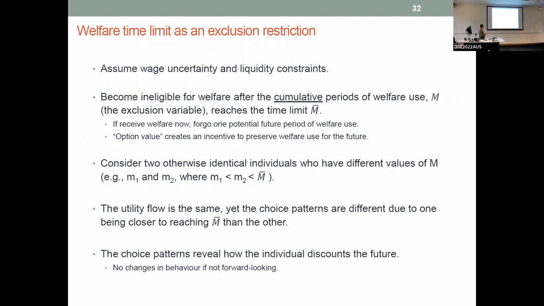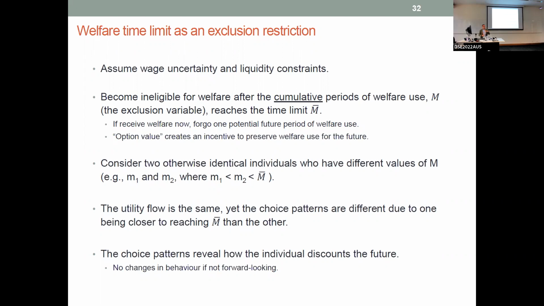To fix ideas, consider two otherwise identical individuals who have different values of M, the cumulative periods of welfare use. Call them M1 and M2, where M1 is smaller than M2, and neither has exhausted their time limit yet.